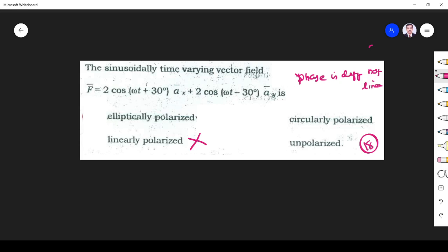Next, you see whether amplitude is same. If amplitude is same, it is circular. Whether amplitude same? No, it is not circular. Amplitude different? Yes. If amplitude is different, it is elliptical. So the answer is option A.